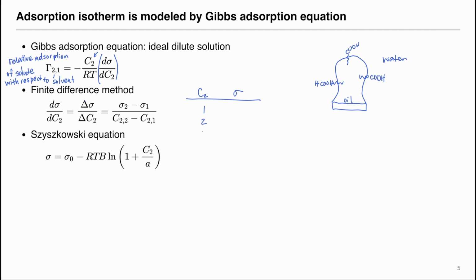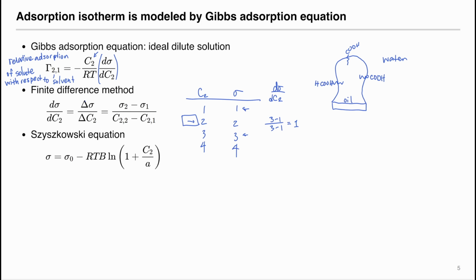For example, if we have a table of example data, and we want to determine d sigma over d C2 at some particular point, then you can use the points that are above and below to calculate. For example, for this case, we'll have 3 minus 1 divided by 3 minus 1.